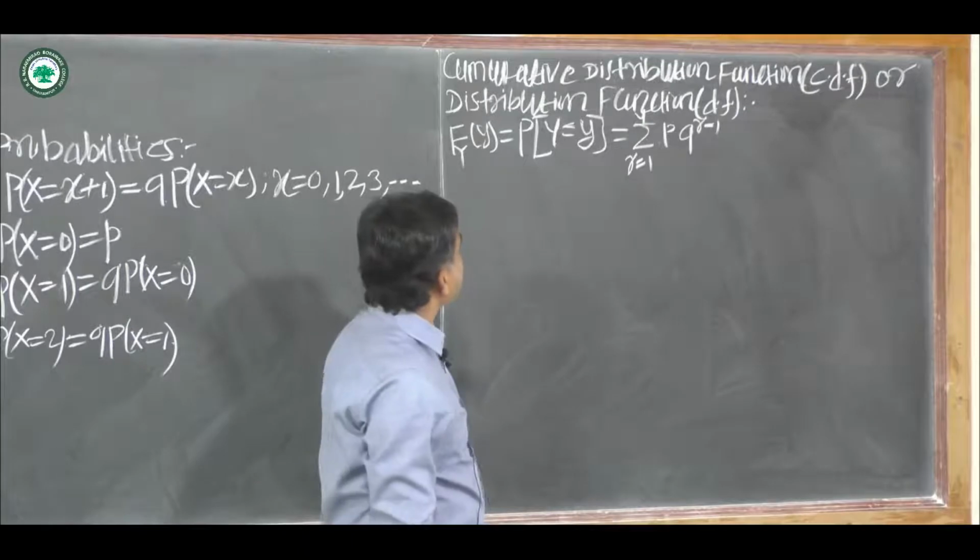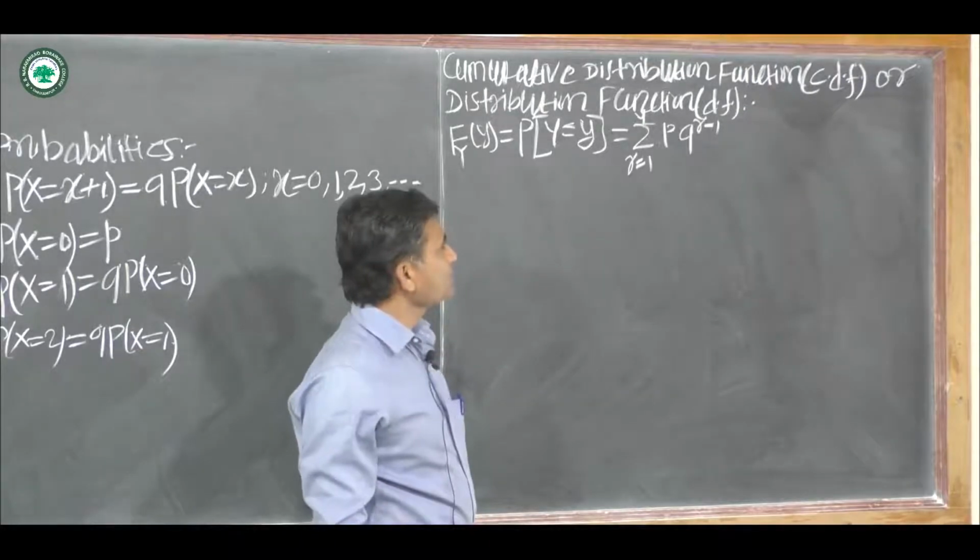This is the cumulative distribution function of geometric distribution.